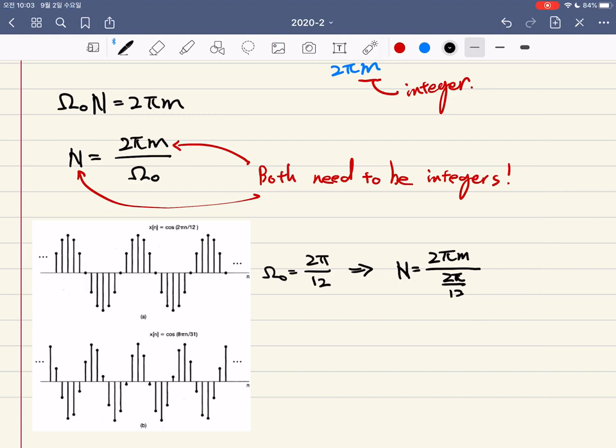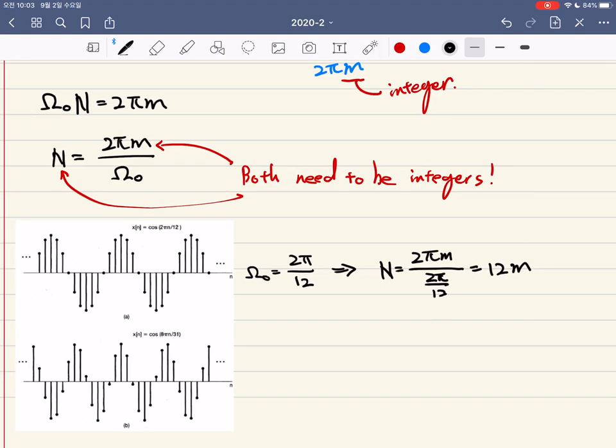If you do the math, you will get 12 times m. Please note that m should be an integer, and also large N should be an integer.